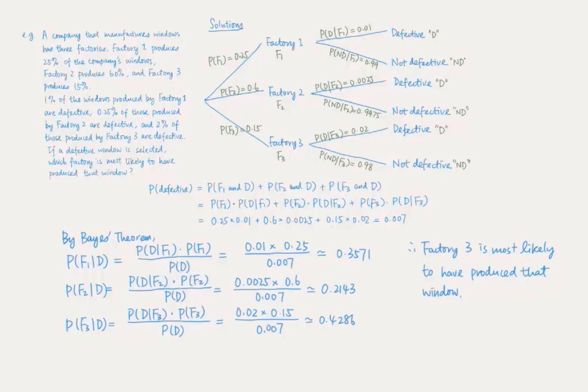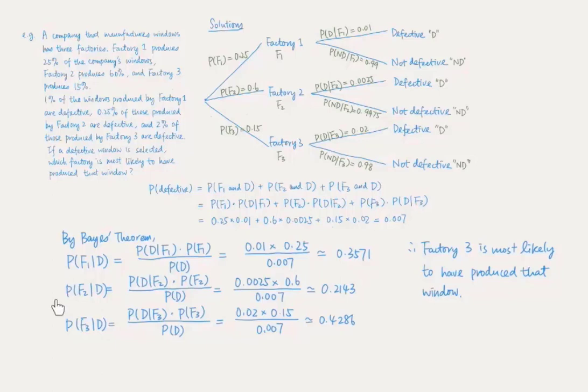We have already obtained this probability to be 0.007, and the probability that the window is produced from factory 1 is 25%, whereas given factory 1, there is a 1% chance that the window is defective, as shown in this question. So the calculation gives a probability of about 35.7%.